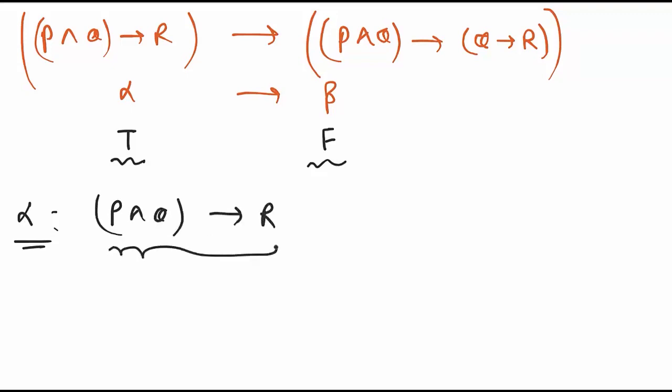This is true when this particular thing is true and R has to be true, right? Or this is false and R is anything, right? So there are two possible ways where we can make alpha true.